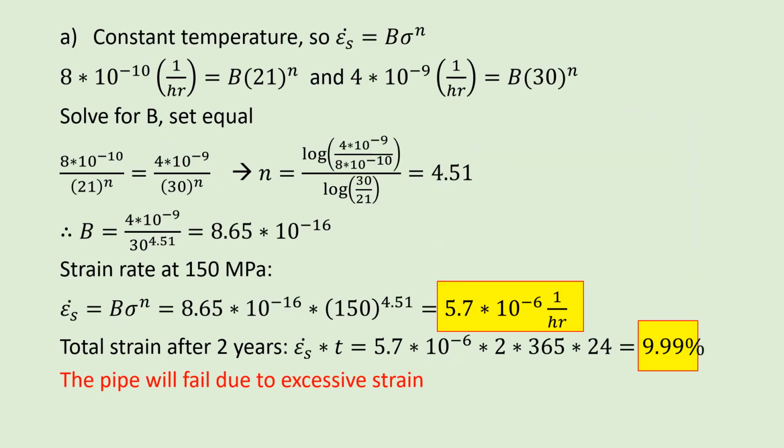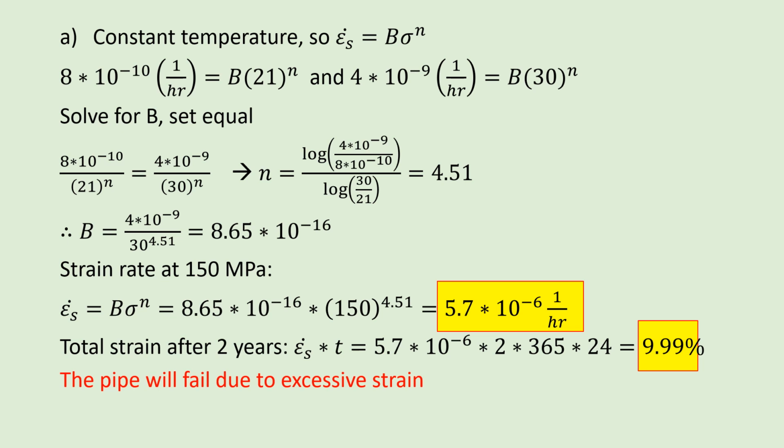So for this first part of the problem, we want to work out the strain rate that occurs under this stress. Looking at our previous equations, we have 3, 2 of which are dependent on temperature, and 1 of which is not. We're going to take this last one because the experiments will run at a constant temperature and our component is going to be operating at a constant temperature.